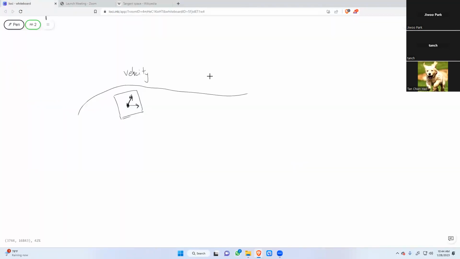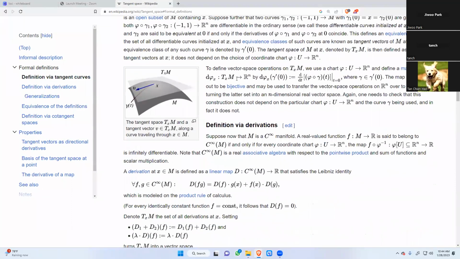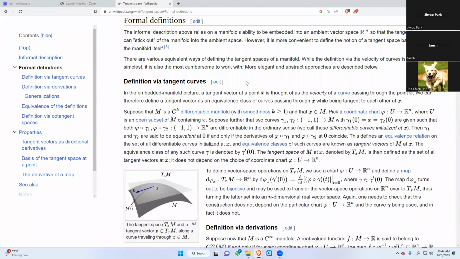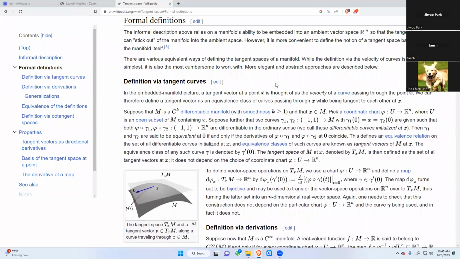My personal favorite is to define it using the space of derivations. But let me think, I feel like it's probably neither of these two.